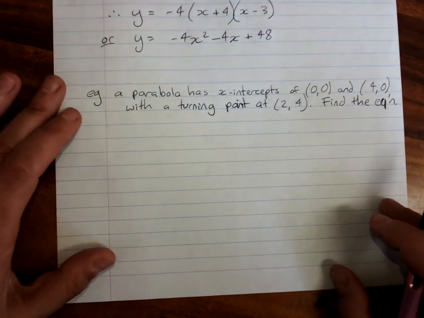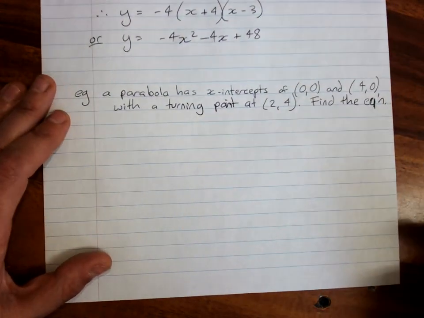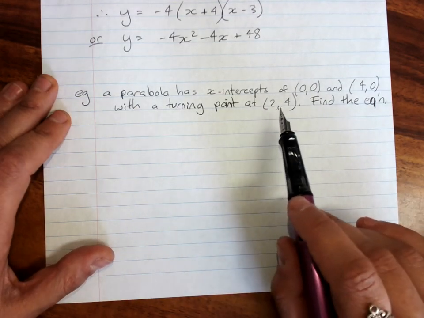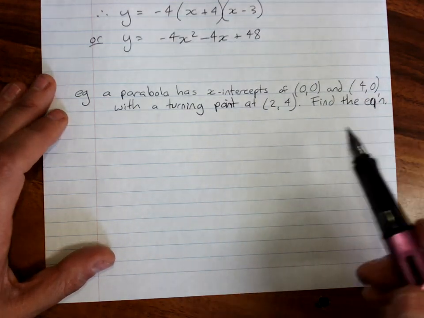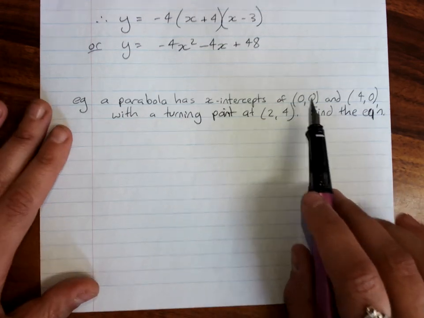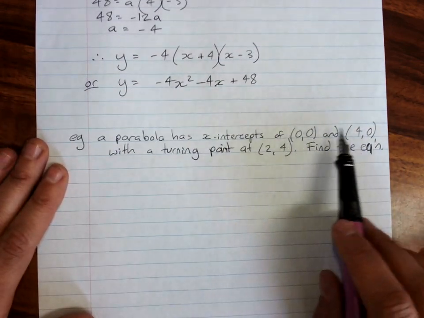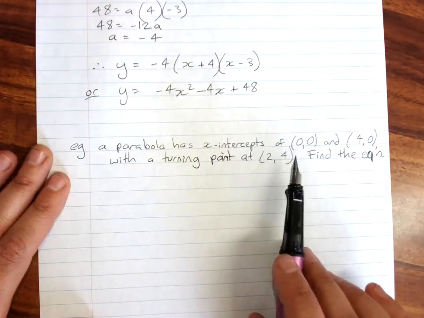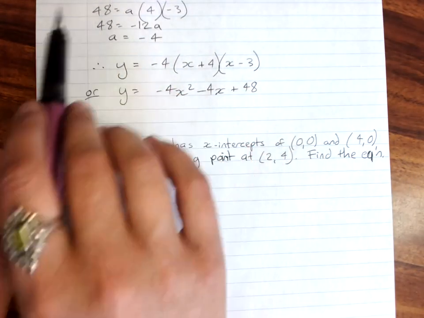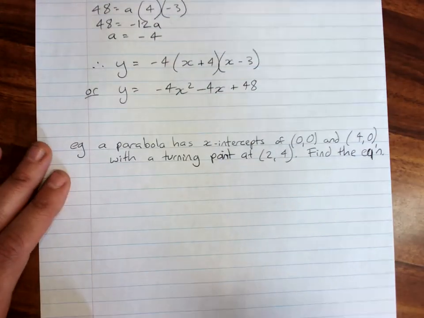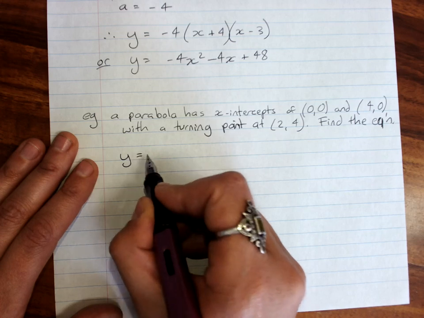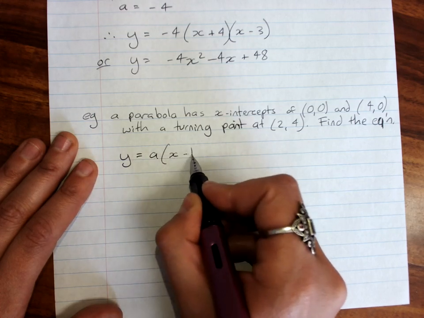One more example, if you want it. A parabola has these x-intercepts with a turning point at (2, 4). Find the equation. Now I could just work out the factorized form and substitute this in to find a, but I could, which I'm going to show you, use the turning point form.